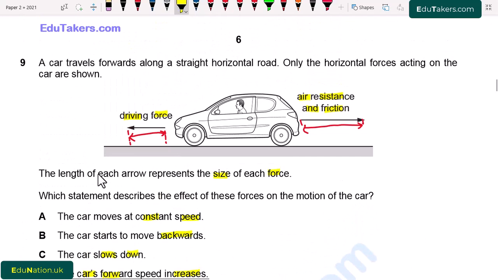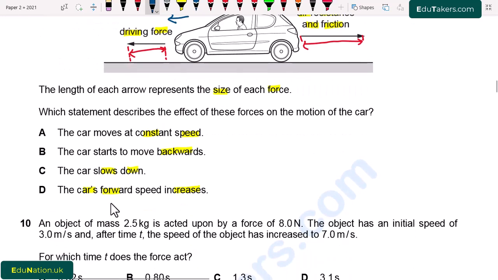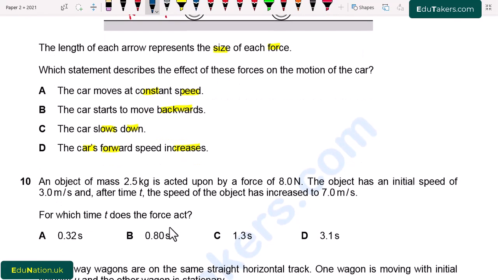So here, as the car is moving in this direction and the force acting in the opposite direction has a larger size, the car will slow down. So here option C is correct. In option A, it is given that the car moves at a constant speed.